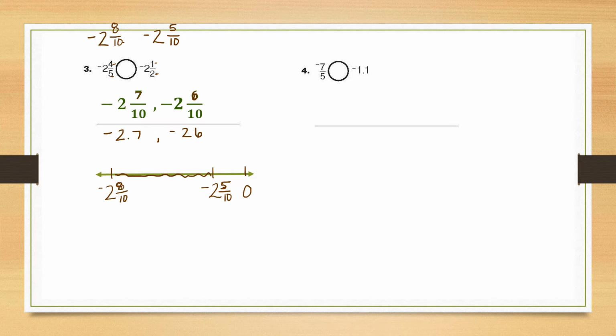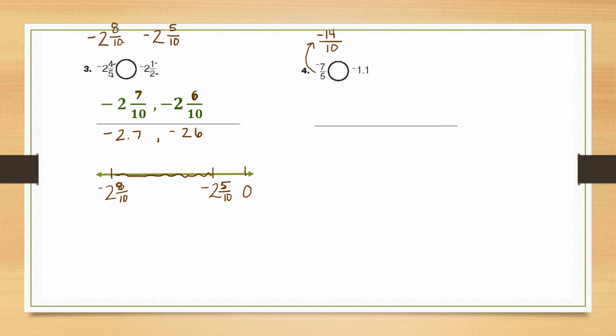Question number 4. -7/5 compares to negative 1 1/10. Now, I am going to write this as a fraction, and I'm going to change negative 7/5 to negative 14/10.